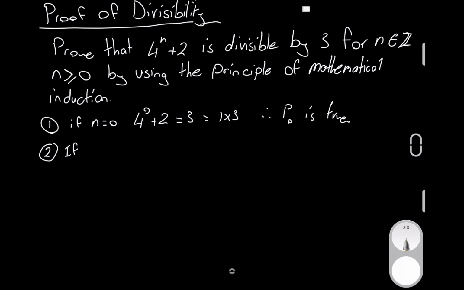If the proposition for k, or n is k, is true, then 4 to the power of k plus 2 has to equal 3 times a. And a is just going to be an integer that is greater than or equal to 1.